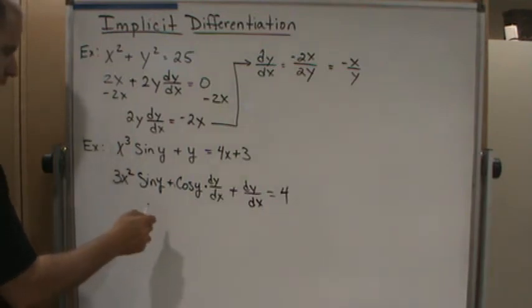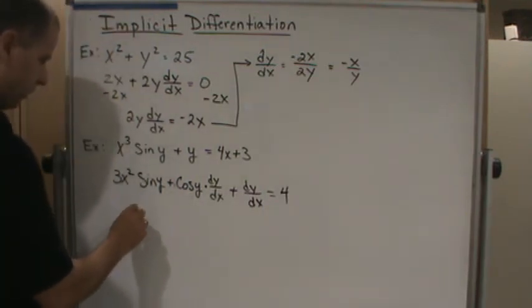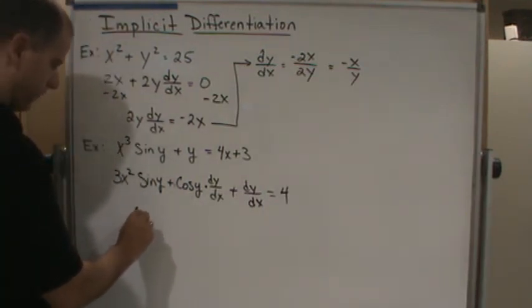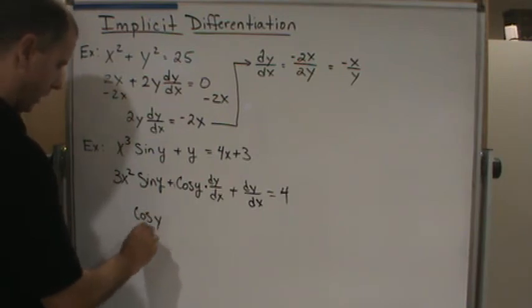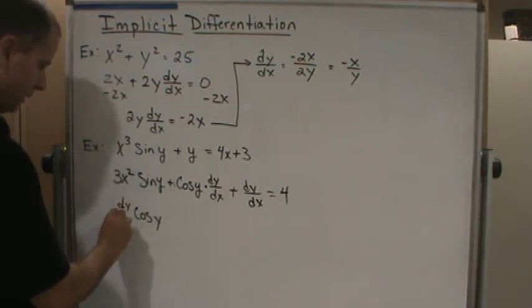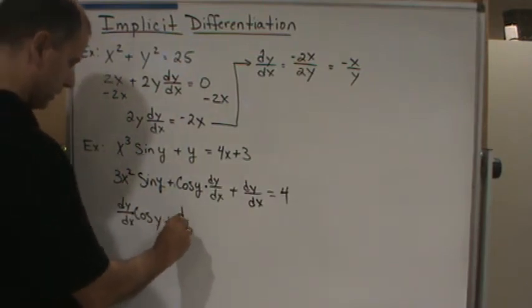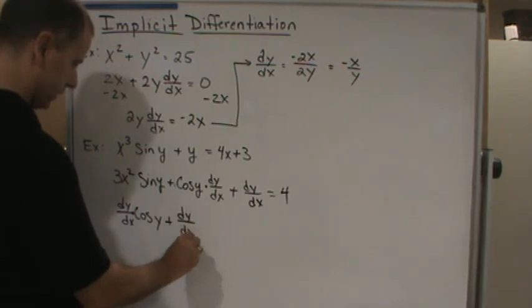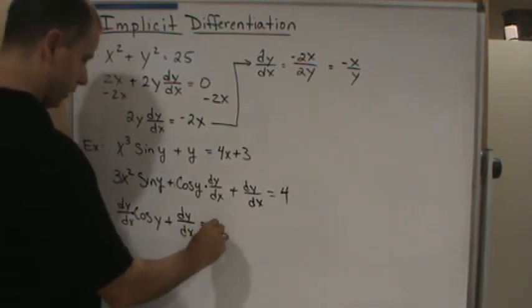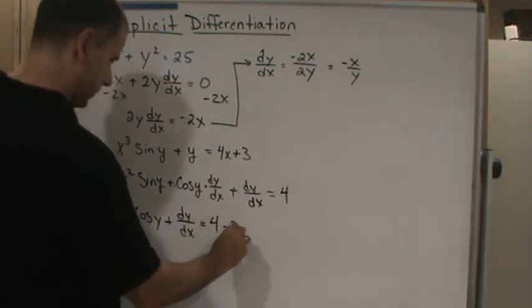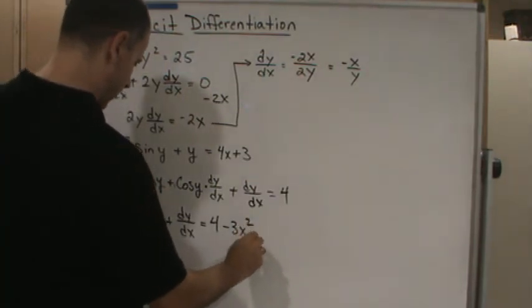So I'm going to rewrite this as dy/dx cosine y plus dy/dx equals 4 minus 3x squared sine y.